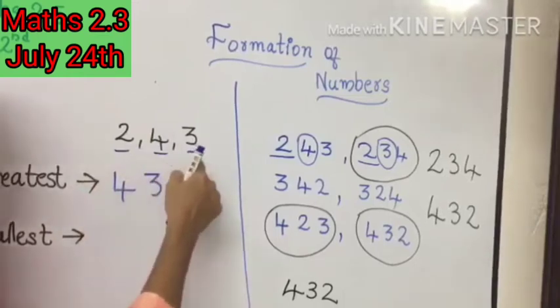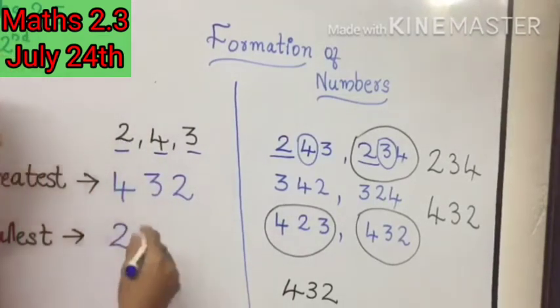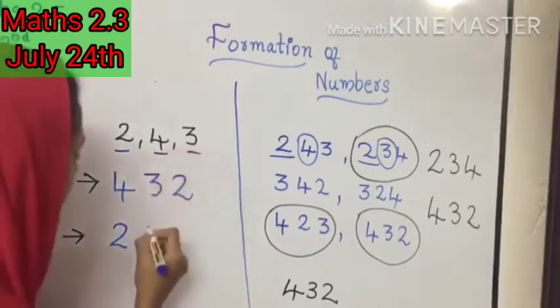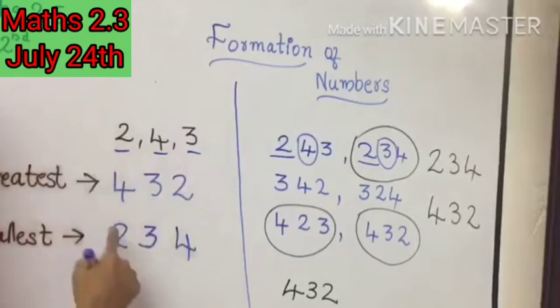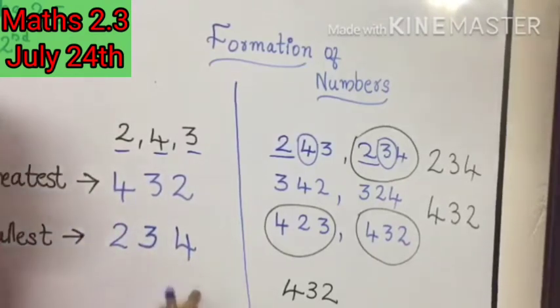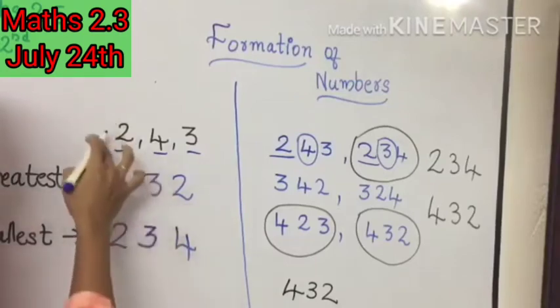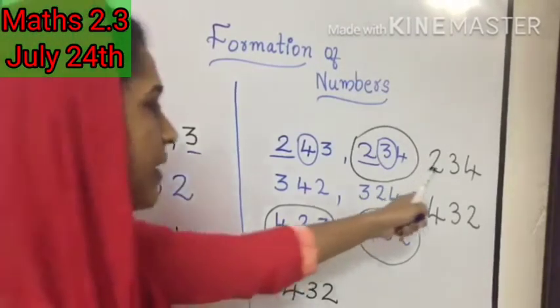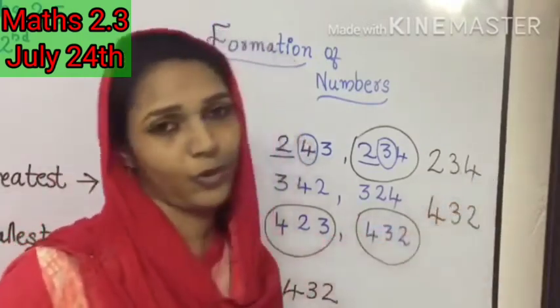So 2, 4, 3. Which is the smallest number? 2. Next smallest? 3. And the last one? 4. So 234 is the smallest number that we can form by using these 3 digits. Look here. We have found it here. 234.